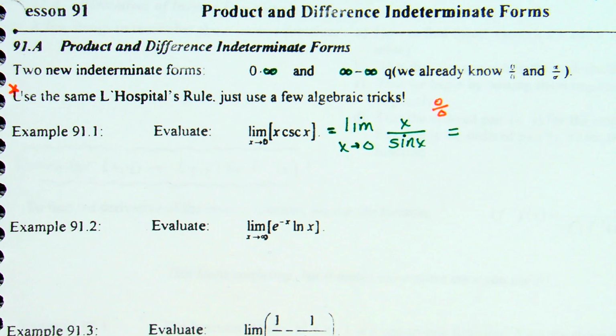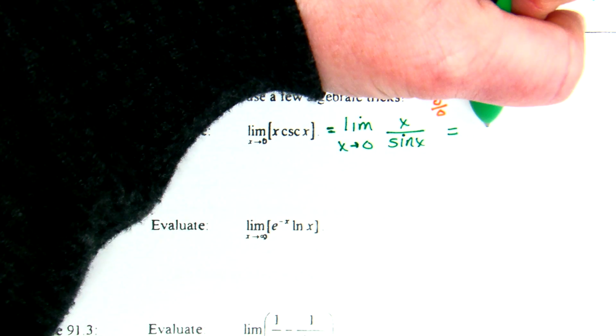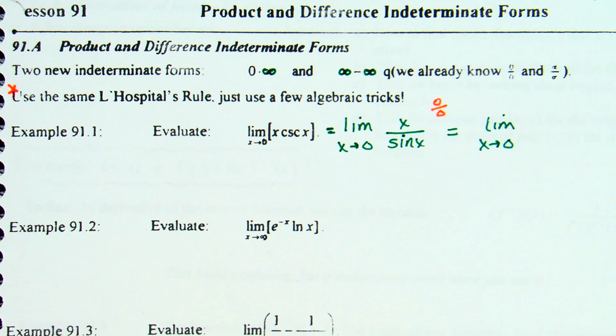Since you get 0 over 0, that's one of our traditional L'Hopital forms, isn't it? If the limit is 0 over 0, we take the derivative of the top and the derivative of the bottom.